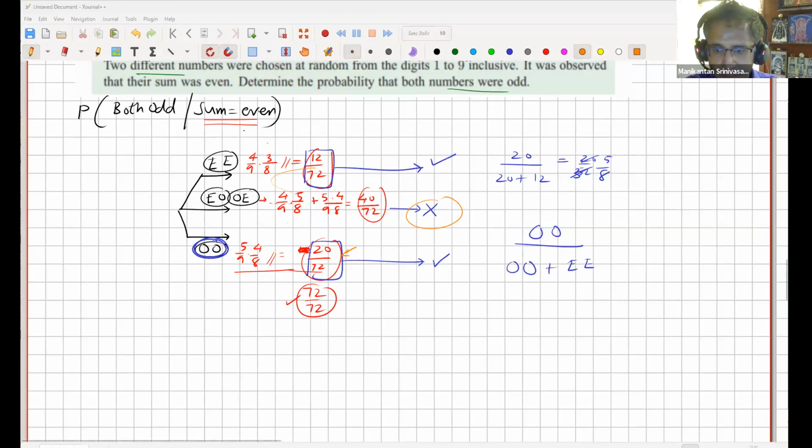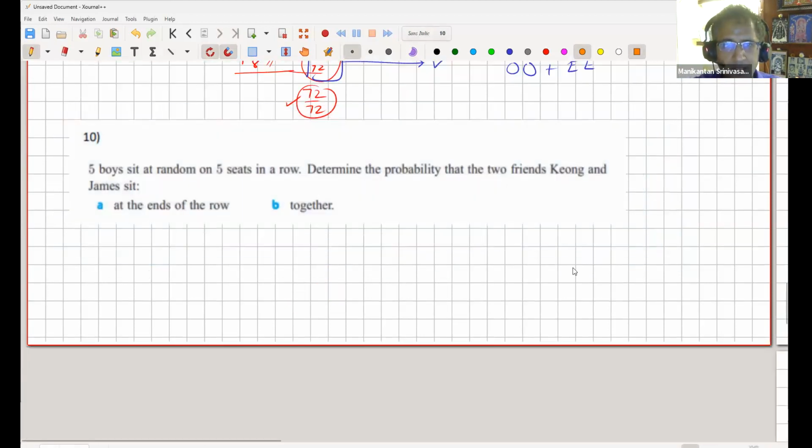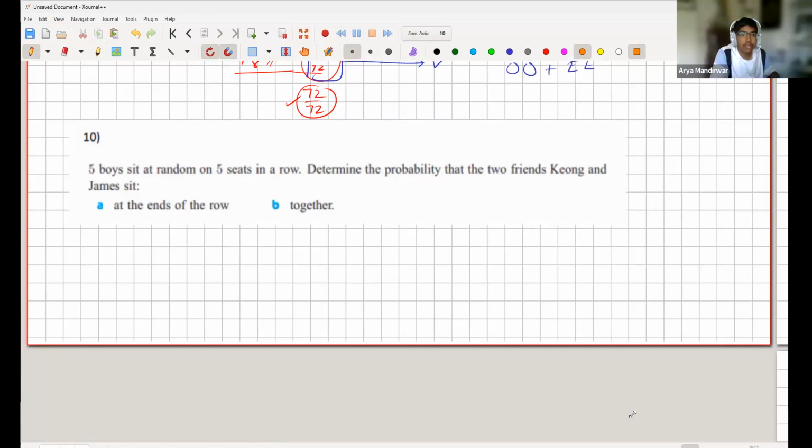Question 10 should be fairly simple. I think we did something very similar last class. Arya, what did you get on question 10? 5 boys sit in 5 seats. I haven't done it yet. Why not? I actually did only to 7 because I didn't know there was a second page.